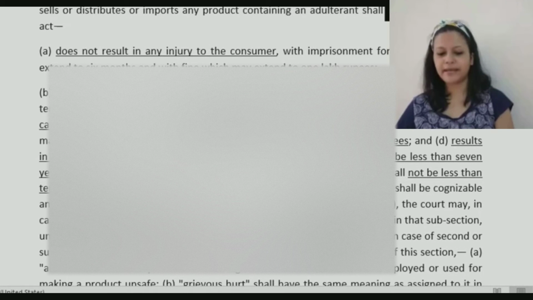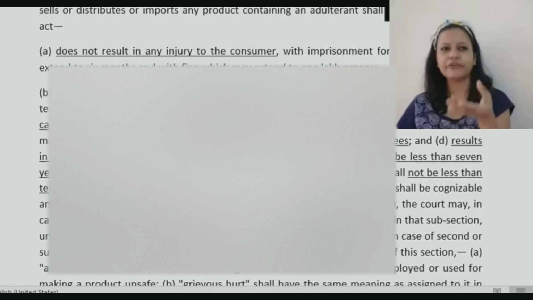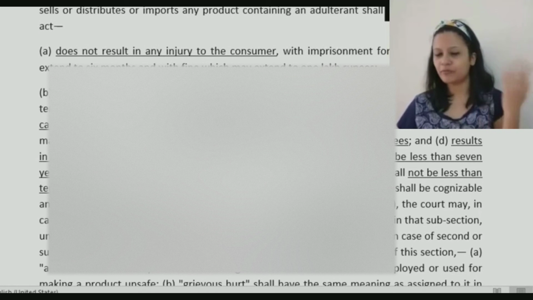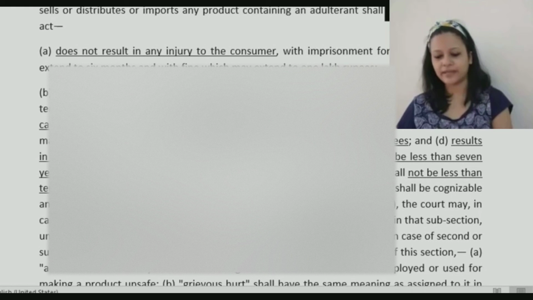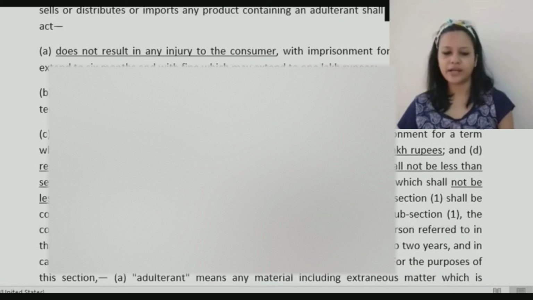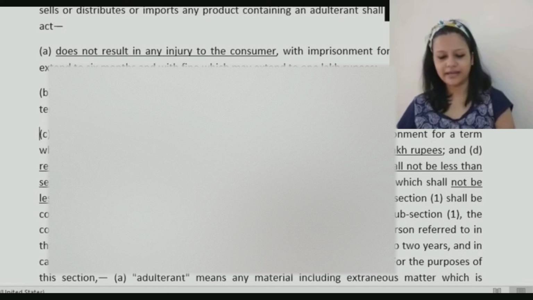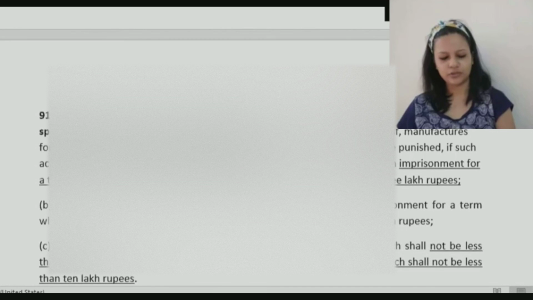It will be maximum of 1 year of imprisonment or with fine up to 3 lakhs rupees. So from 1 lakh, it is becoming 3 lakhs. From 6 months, it is becoming 1 year. Because here the person has suffered a little loss. Might be he had some food poisoning, he had some skin allergies, rashes, or some redness or some other things. All right, that is because of adulterated products or because of adulterated item that was manufactured or sold.